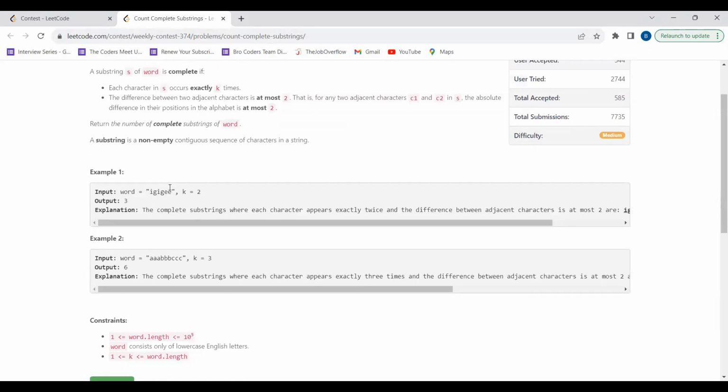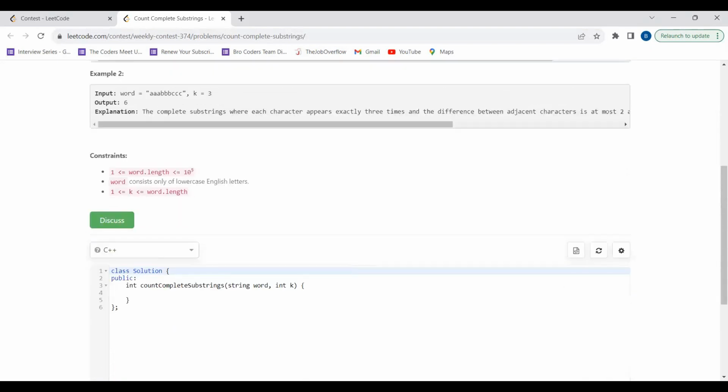So how many people were able to solve this problem? Others?